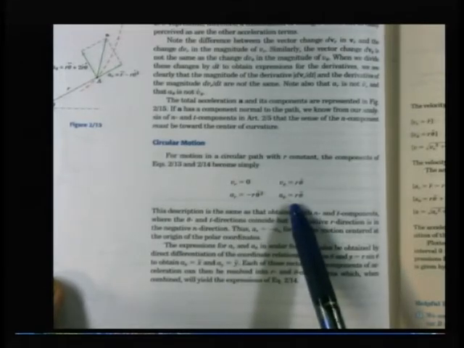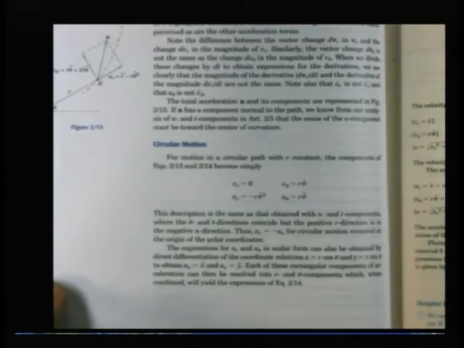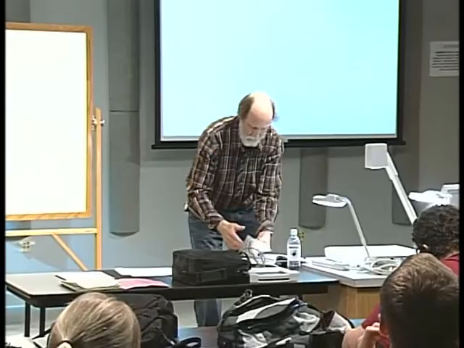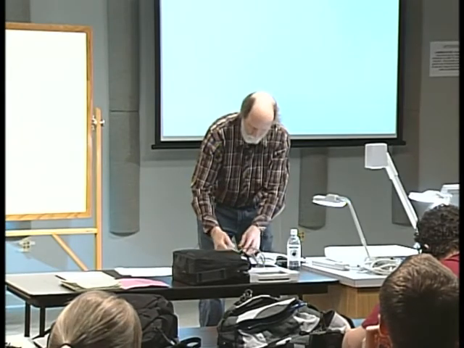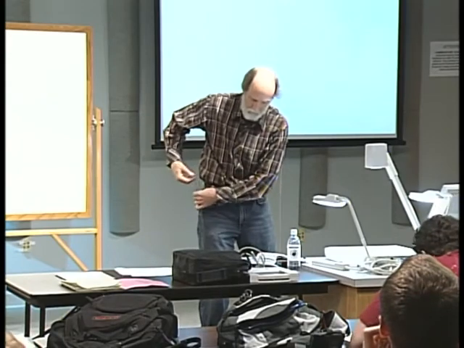And then this is the tangential component of acceleration in circular motion, r theta double dot, oftentimes written r alpha. Okay. Let's do a polar problem, and then we'll do something else.